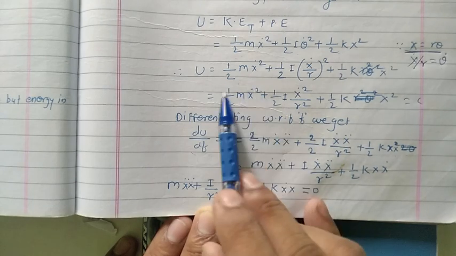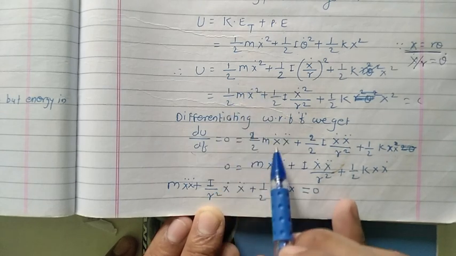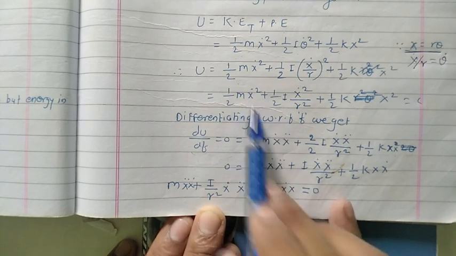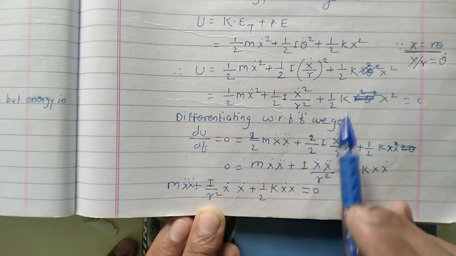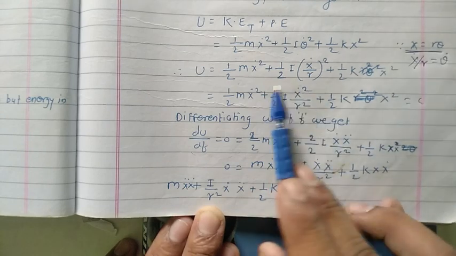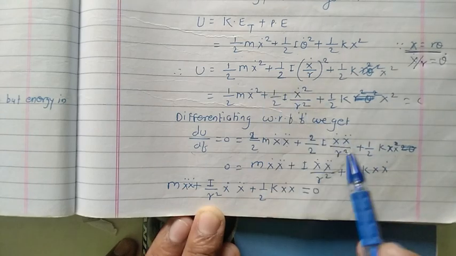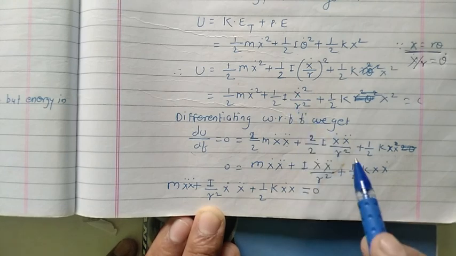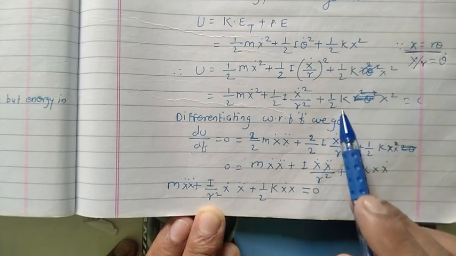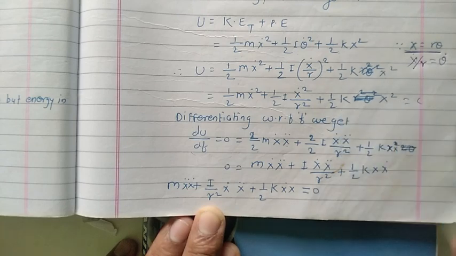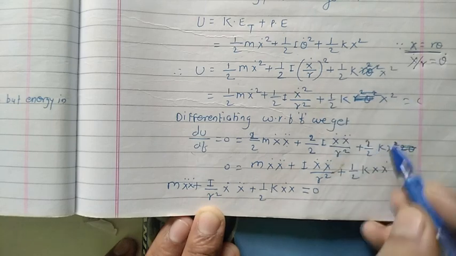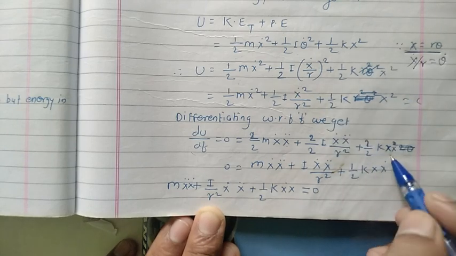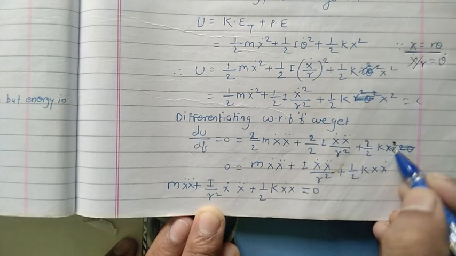The 2 will occur here, 2 by 2 into m into x single dot, and the derivative of x single dot will come here, x double dot, plus again the 2 will come here, so 2 by 2 into I into x single dot, x double dot, divided by r square, will remain as it is. Then 1/2 k into the derivative of x square is nothing but 2x, so 2 by 2 into k into x, then x single dot will occur here.